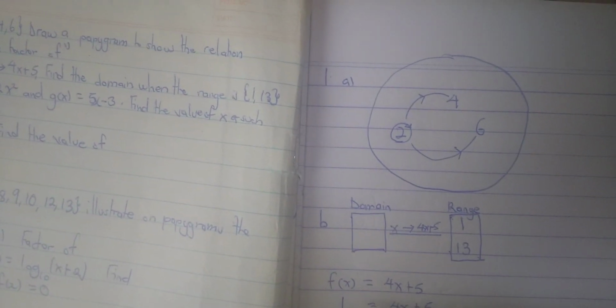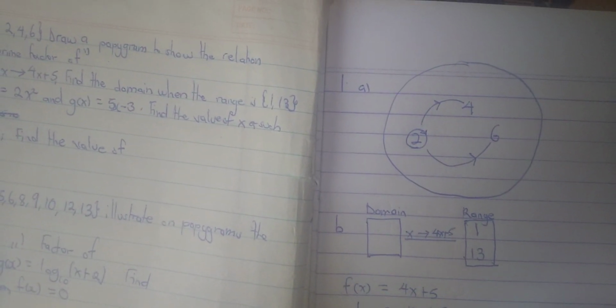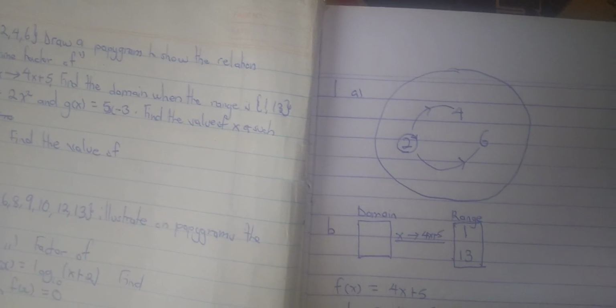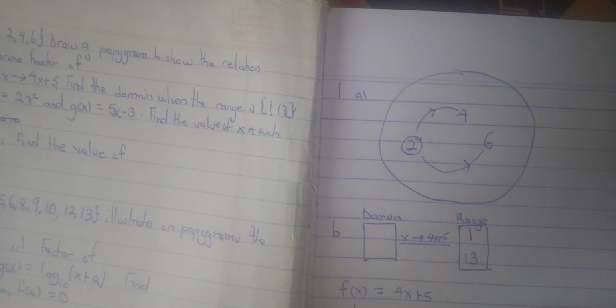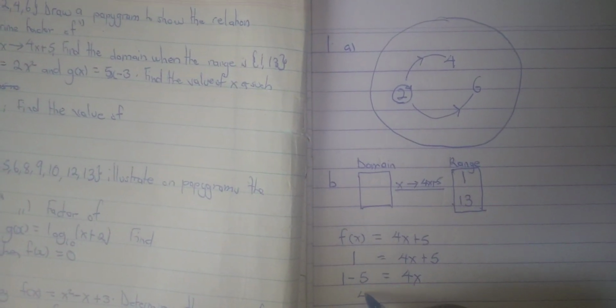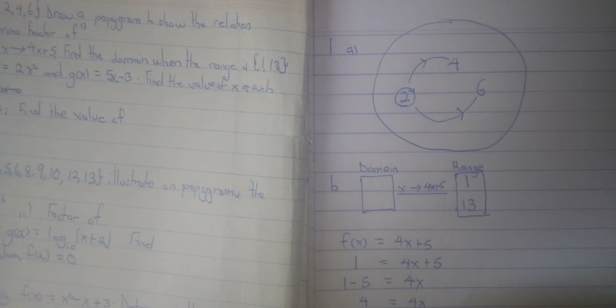Then we shall make x the subject of the formula. So we take 5 this side, becomes 1 minus 5 equals 4x. So we have negative 4 equaling 4x. Our x will give us negative 1.